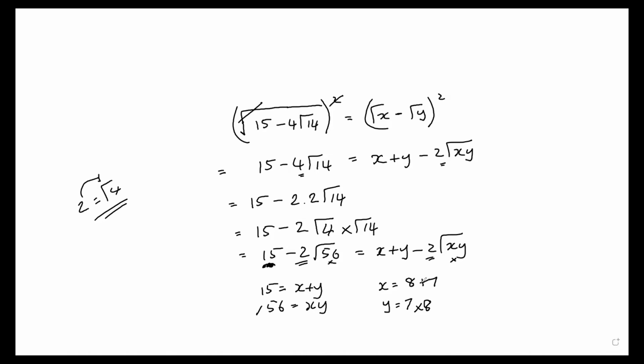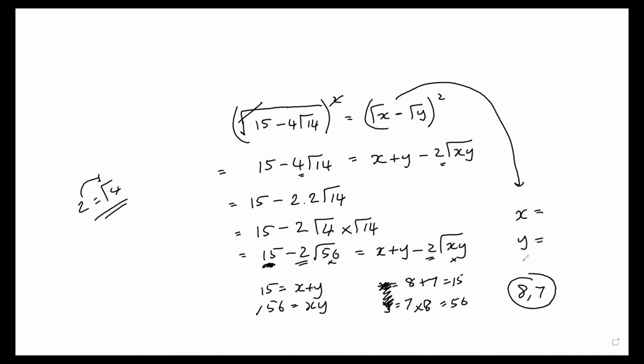Now, I should have just written that. Now, so x is which number and y is which number? Go back to here. So which number is x and which number is y? We've got 8 and 7, right?